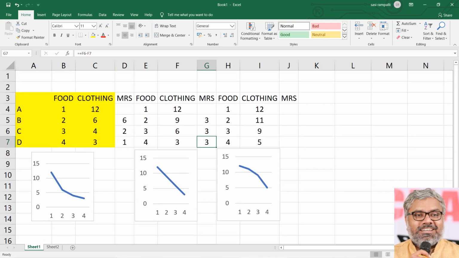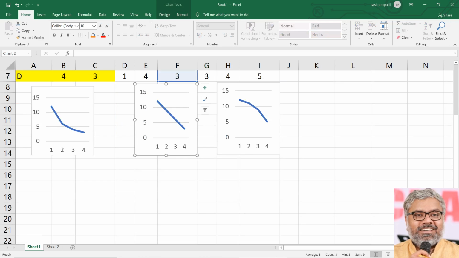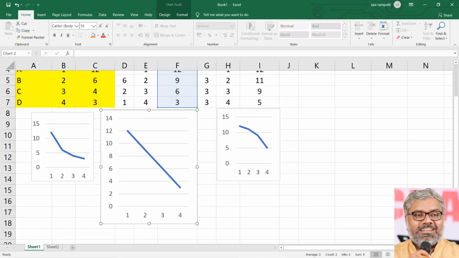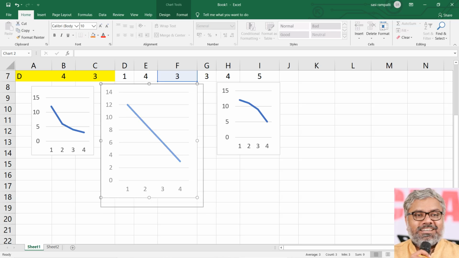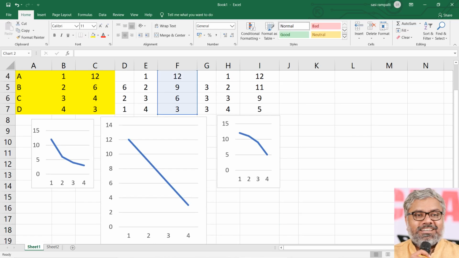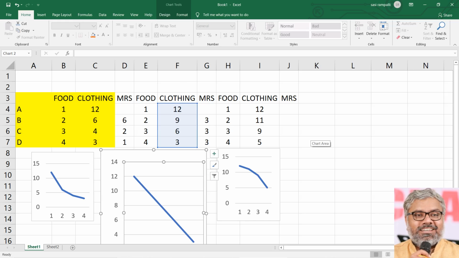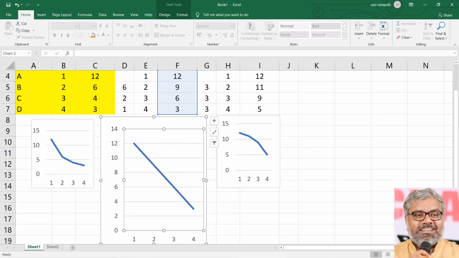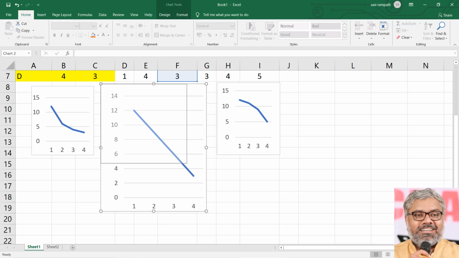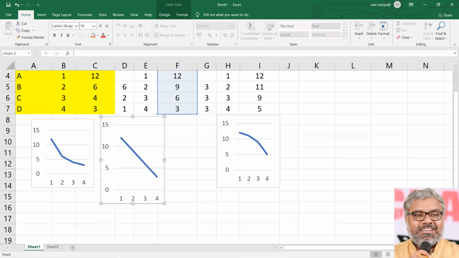So this can be a question: what if the marginal rate of substitution is constant? How does the indifference curve look? Then this curve will be telling us the story. So what is highlighted now? The one which is bigger now is what happens when the marginal rate of substitution is equal. How is that line looking? Is it convex, concave, something like that? No. It is a simple straight line. So we can conclude what now?